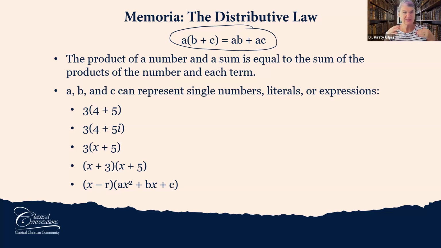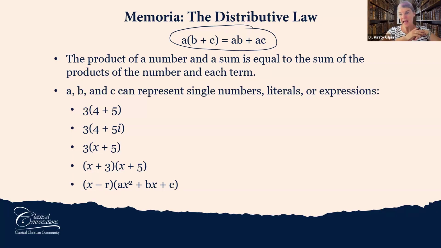When we look at this in a more abstract way, it's important for us as parents and teachers to remember that A, B, and C can be single numbers, literals, expressions. They can really almost be anything. I've given you some examples here: 3 times 4 plus 5, 3 times 4 plus 5i, 3 times x plus 5. Or I could have two binomials, x plus 3 times x plus 5, or a binomial and a trinomial.